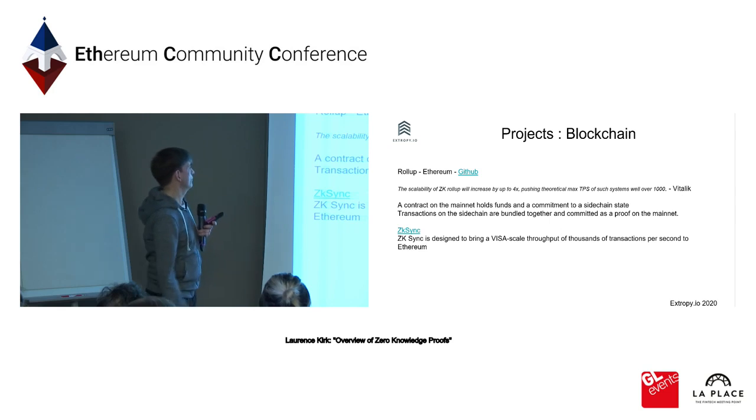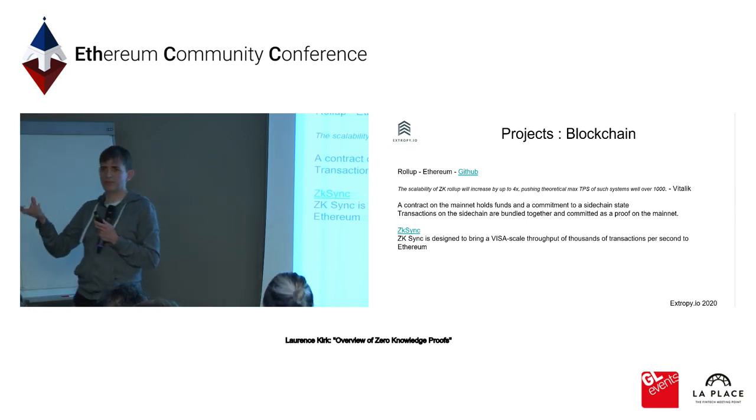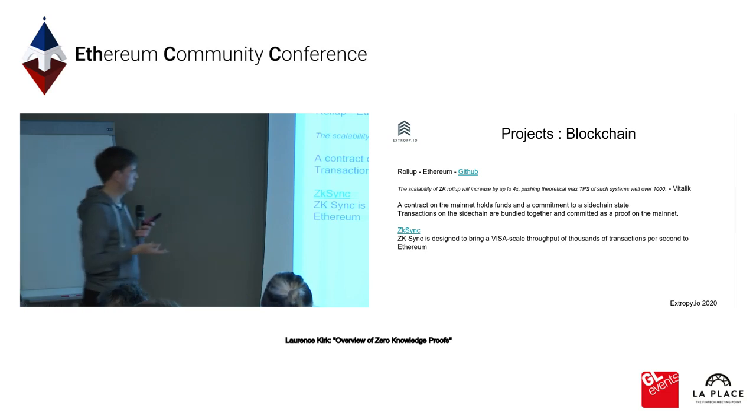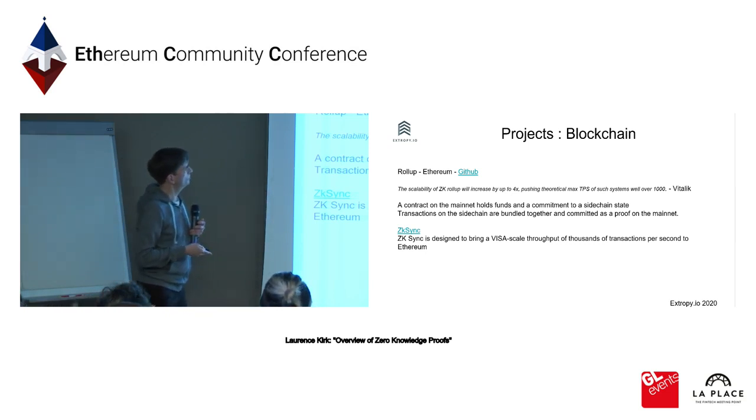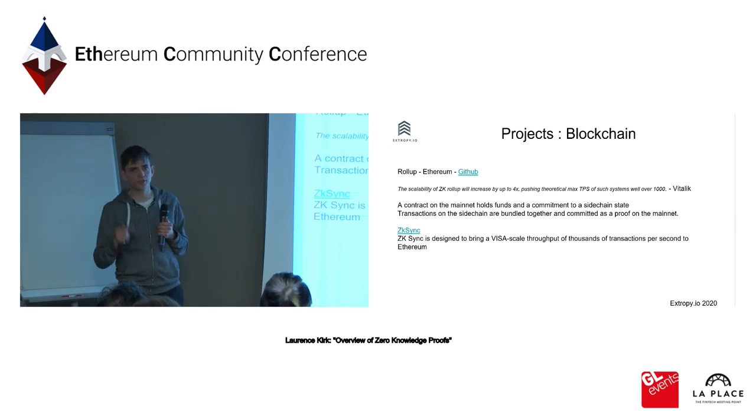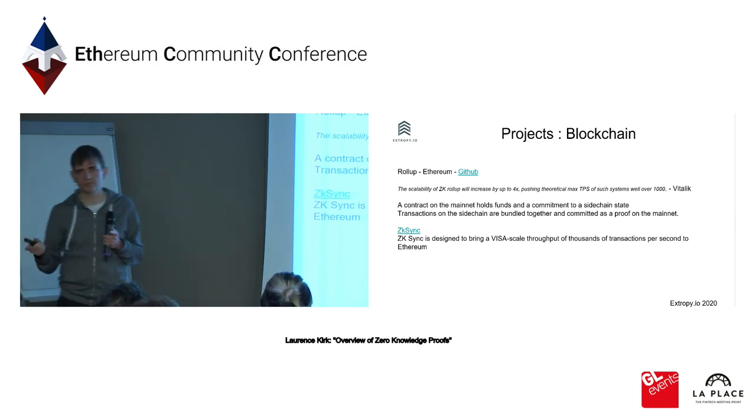The idea being that transactions are bundled together and proofs are made of the transactions, which then get put on the mainnet. So you don't need to verify everything. You can accept the proof. Similar projects, ZK-Sync. All of these particularly target the idea of it being a proof system and having a succinct proof of some more expensive computation, rather than being about the privacy side.